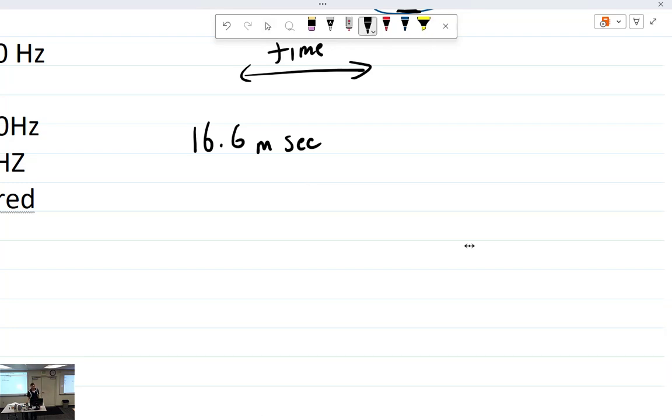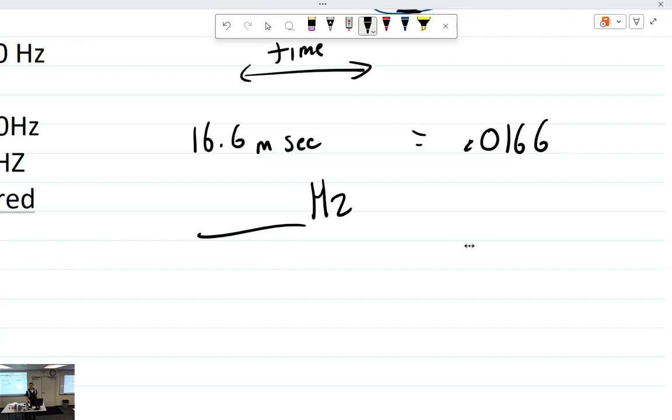16.6. And my question is, how many hertz is that? How many cycles will you get for every second? It took 16.6 milliseconds to do one. How many of those do I get in a second? 16.6 milliseconds is 0.0166. Everybody agree? Okay.